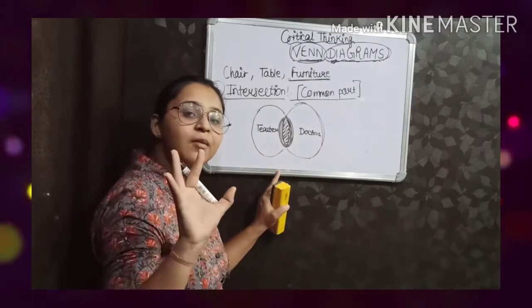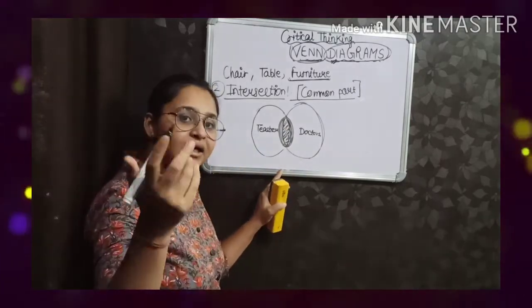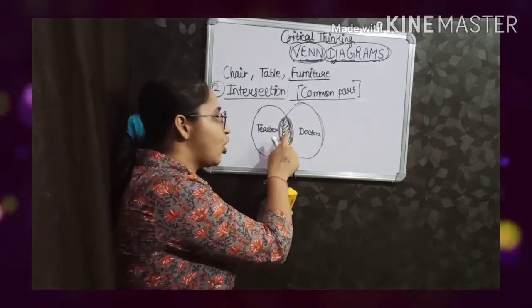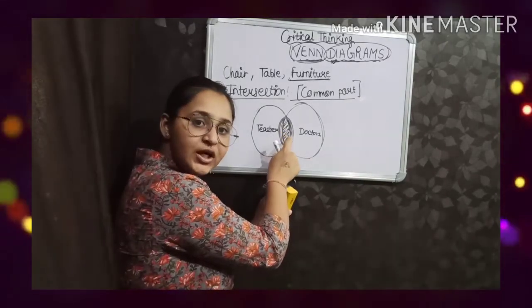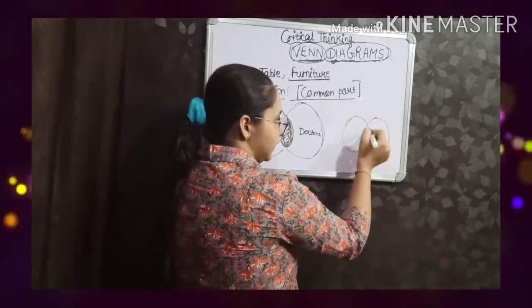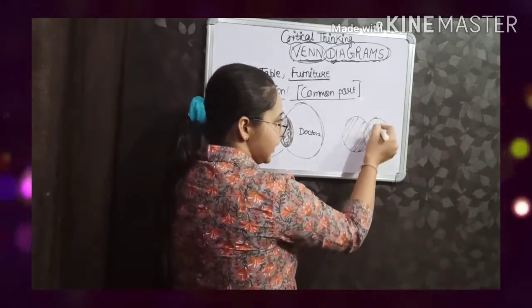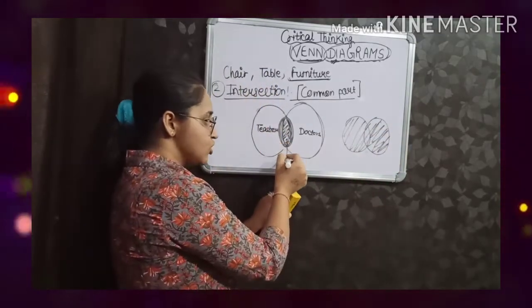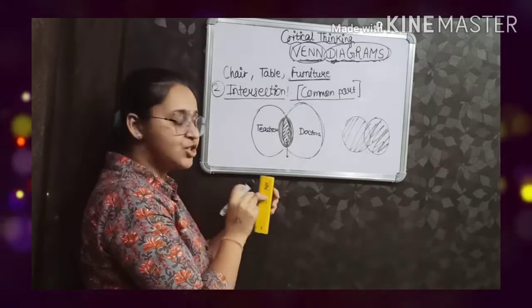So by the help of Venn diagram, I can represent the intersection as this common part, as this shaded region, and union was this complete shaded region. This was the union and this was your intersection. Okay.